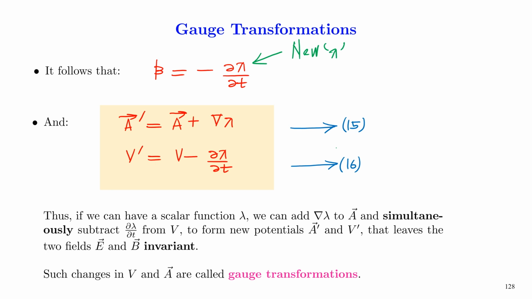So what do these equations tell us? They tell us that if we have a scalar function lambda, then we can add del lambda to A and simultaneously subtract dou lambda over dou t from V to form a new potential set, that is A prime and V prime, that leaves the two fields E and B invariant. And the changes in V and A are known as the gauge transformations.